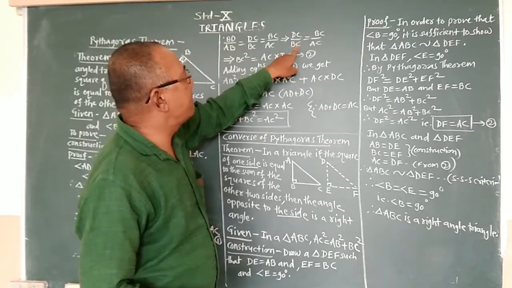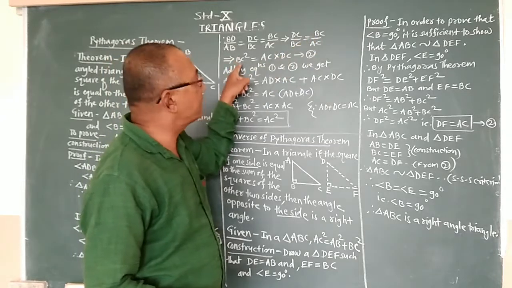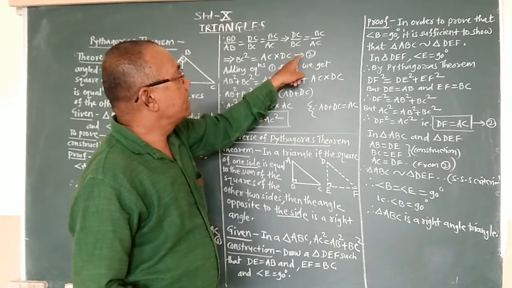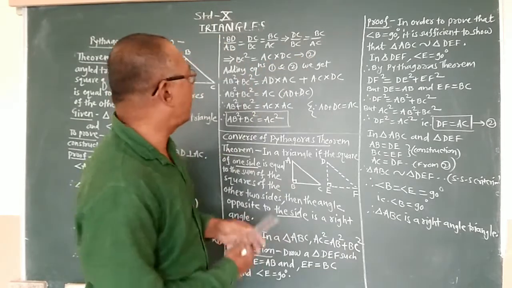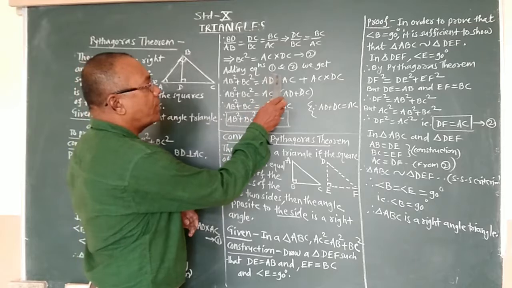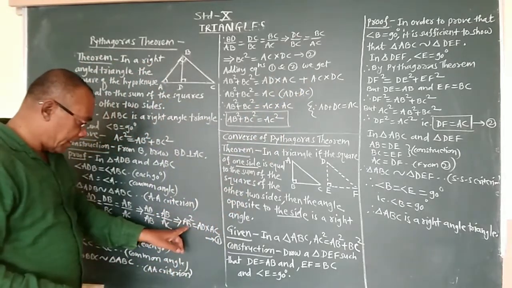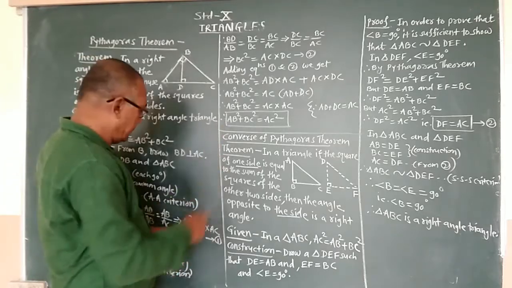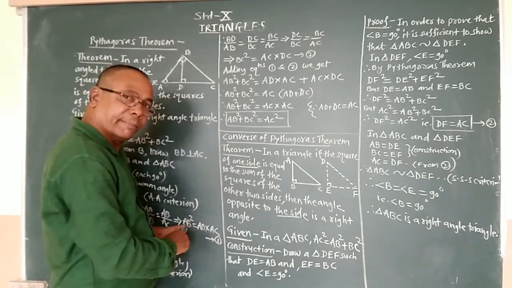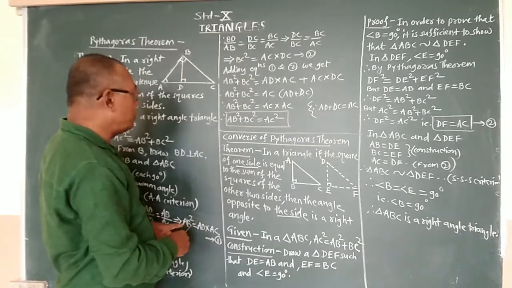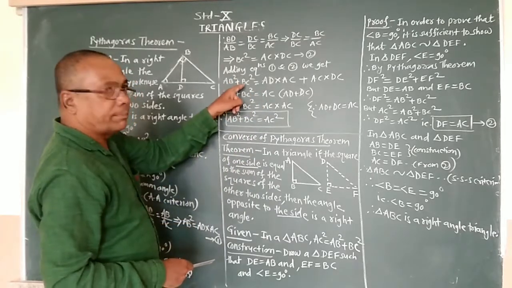If we cross multiply, BC into BC, it will be BC square is equal to AC into DC, equation number 2. Now adding equations 1 and 2: the LHS of equation 1 is AB square and the LHS of equation 2 is BC square, so we get AB square plus BC square.